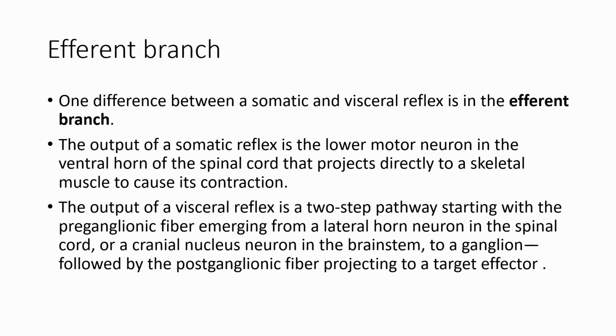But with the visceral reflex, we have a go-between. We have the preganglionic fiber coming from the lateral horn, or the cranial neuron, to a ganglion, and then we have a postganglionic fiber going to the target effector. So the main difference here is that in the somatic reflex, we have one neuron really involved. In the visceral reflex, we have two.